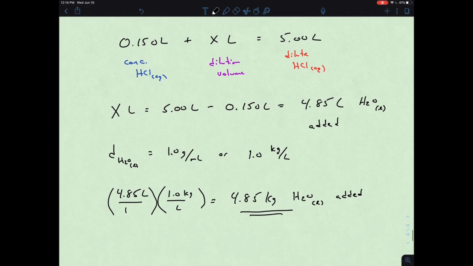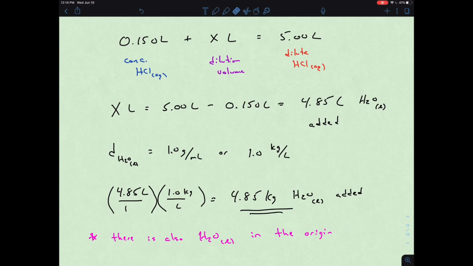Remember that there is also H2O in the original concentrated solution.